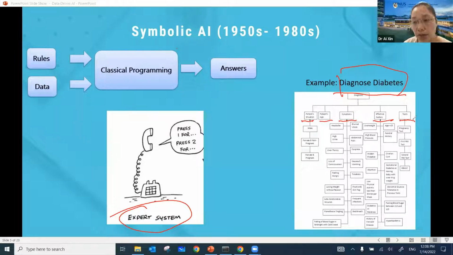They cannot be changed, and they are designed by computer experts and domain experts, especially medical experts who specialize in diabetes. I just want to emphasize this again. That is the focus of the symbolic AI stage. When people developed those expert systems, they had hard-coded rules, and they needed a lot of knowledge input from the experts to develop those systems.